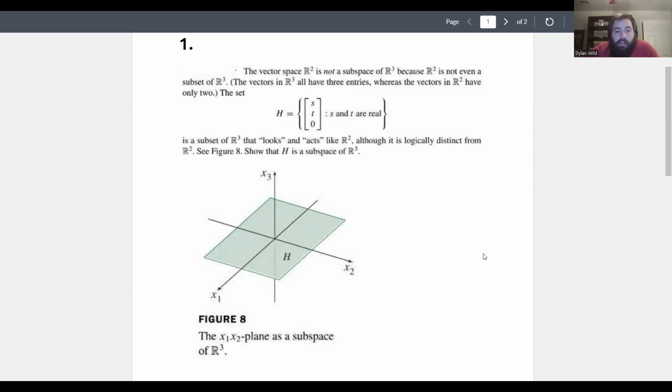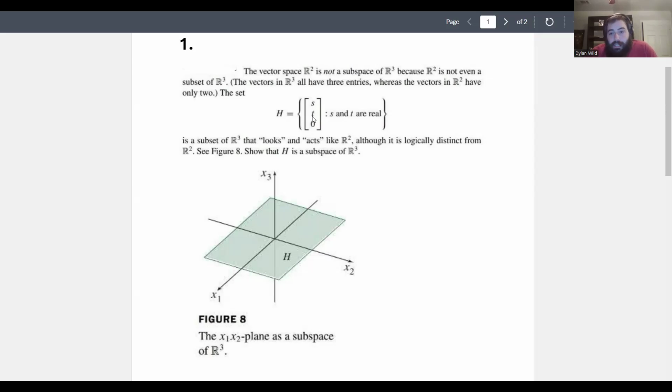The main thing to first get into is this idea of R2 versus R3. That's a real interesting distinction to make if this was, say, a vector in R2 consisting of just S and T. What does it mean to say it's not a subspace?